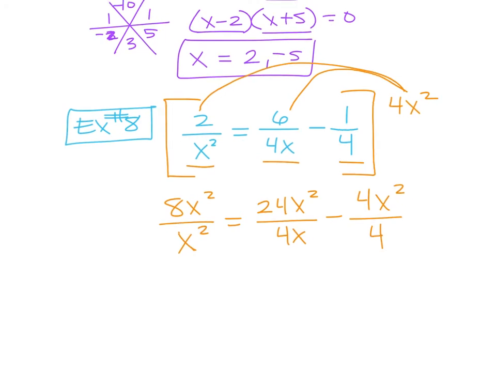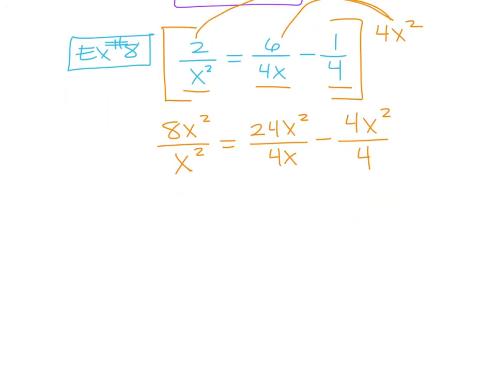Start reducing then. What do you get here? First one. X squareds are going to be 1, so this is just 8. How about this one? 24x squared divided by 4x. So you get 6 here, right? And then x squared over x is just x minus x squared.